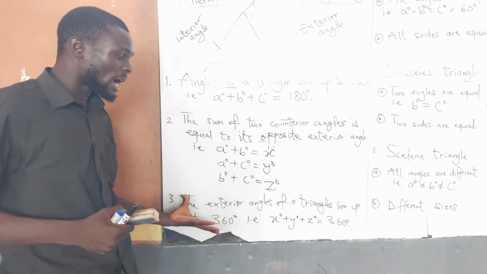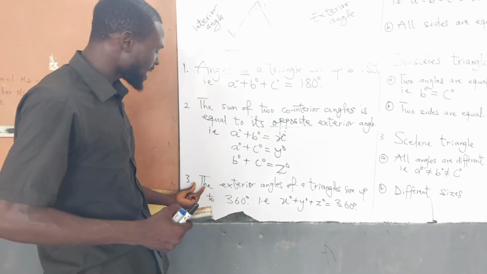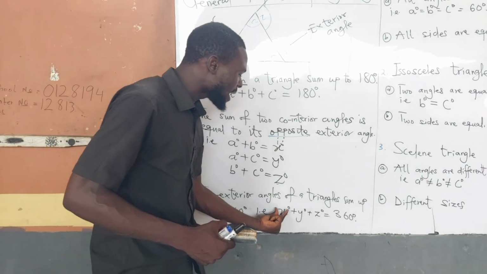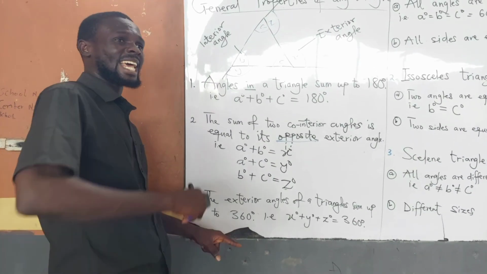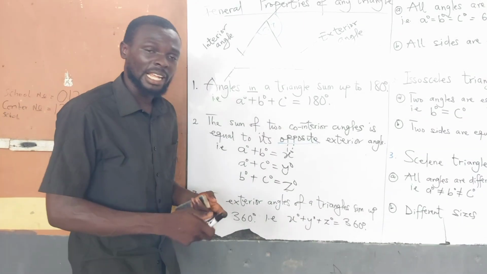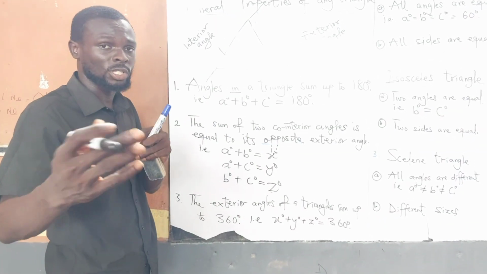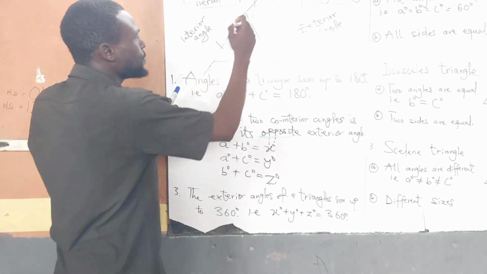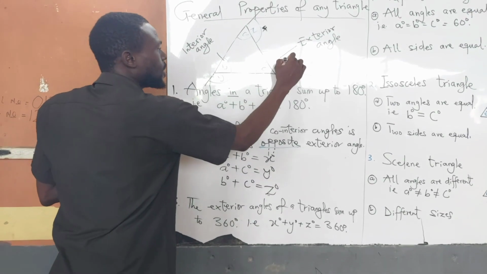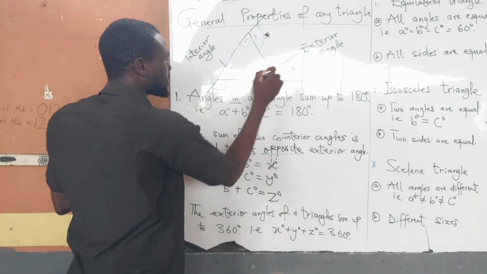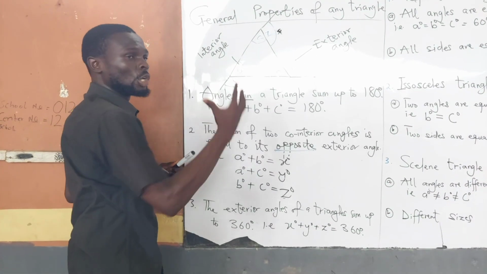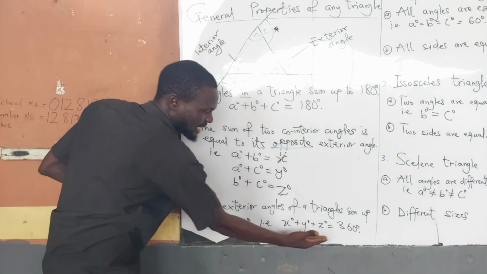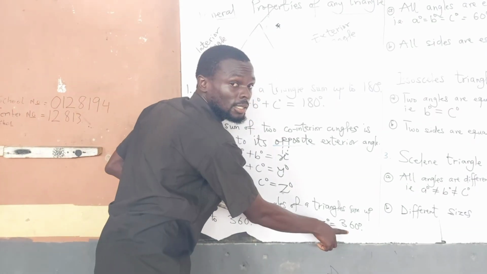Then the third one, which is under polygons, says that the exterior angles of a triangle sum up to 360. We've explained this under polygons in our previous videos. So if you add z, x, and y, they are the exterior angles. So the exterior angles sum up to what? 360.